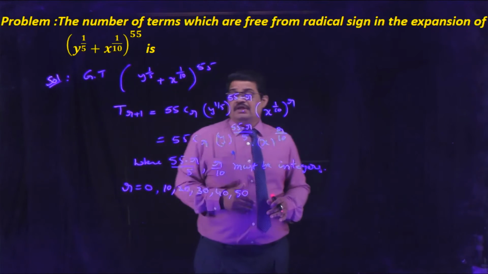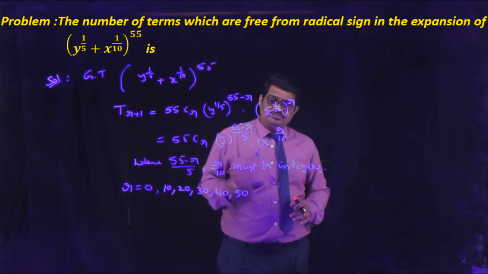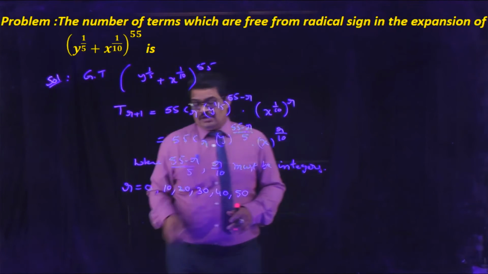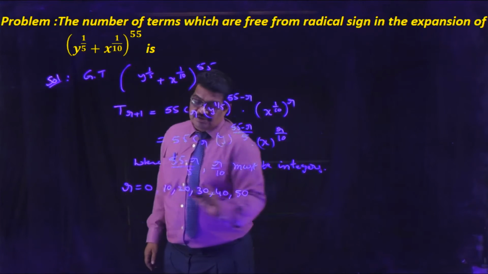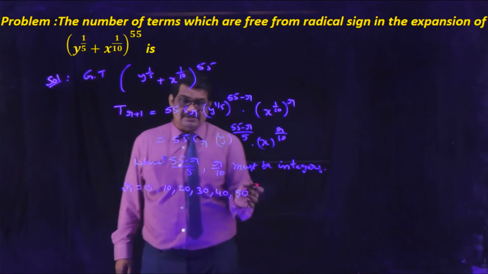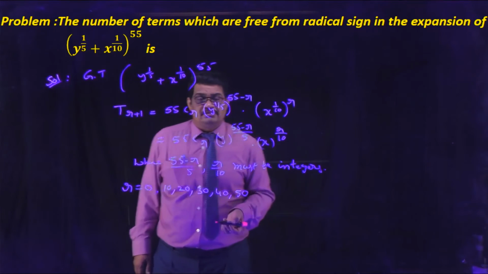Okay. So then the number of rational terms in that expansion, we take the r values as these. Okay, these are the values: 1, 2, 3, 4, 5, 6. These are the number of rational terms.